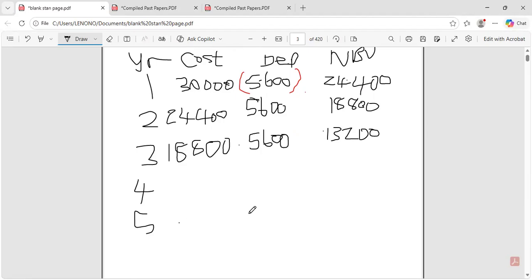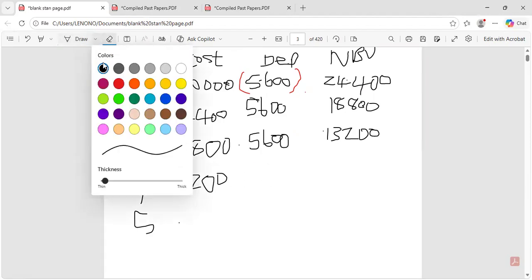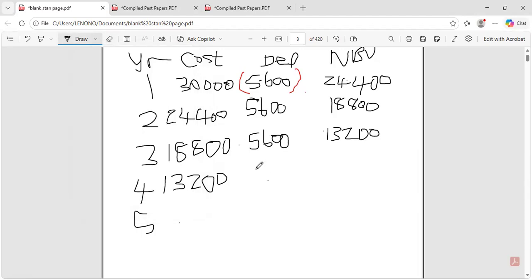So again here you come with 13,200 minus 5,600. So what are we getting?